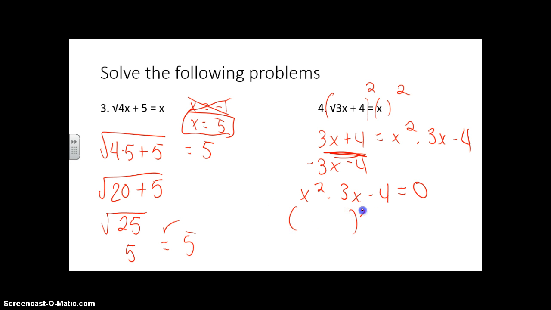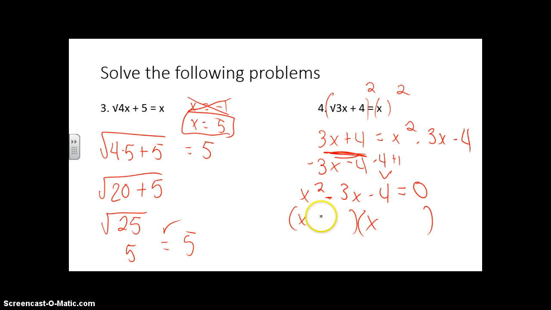So we have our parentheses. X squared gives me x and x. What two factors multiplied by each other give me negative 4, but when we add them, give me negative 3? Well, that's going to be 4 and 1. It's going to be a minus 4, and it's going to be a plus 1.